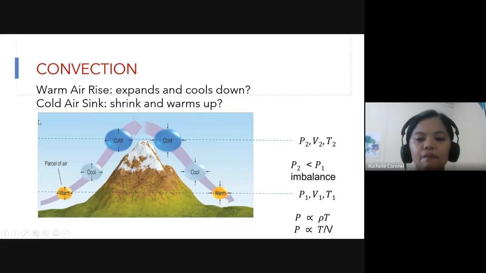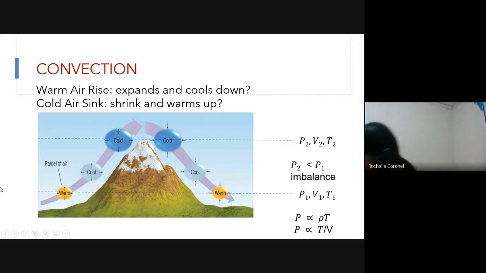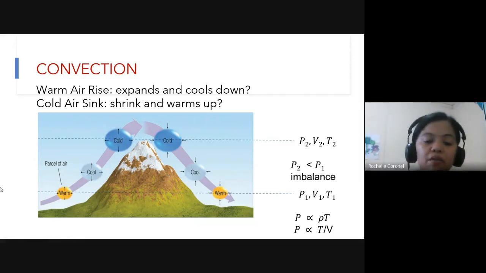This is just an introduction to atmospheric moisture. Later on, we will discuss this further. So warm air rises, and as it rises, it expands and cools down, following the thermodynamic relationships between pressure, volume, and temperature.